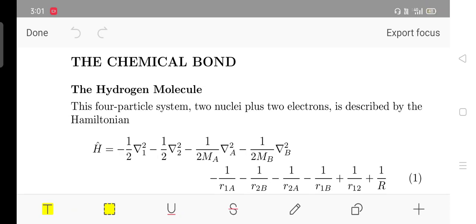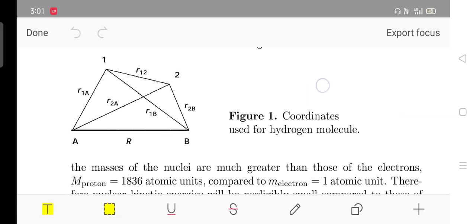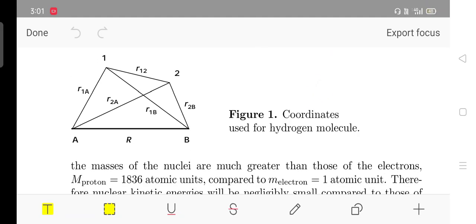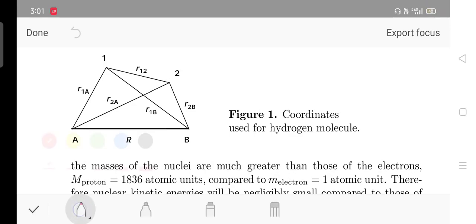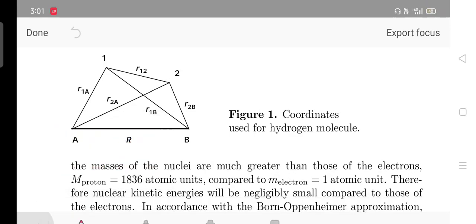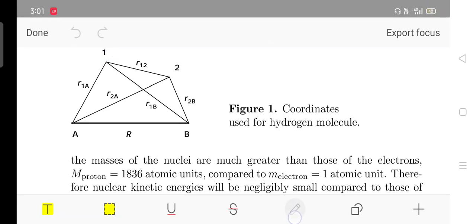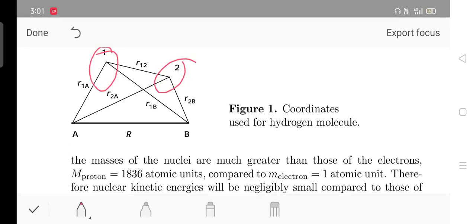These are described by the Hamiltonian. First of all, nucleus A and B are repulsive in nature, which means both nuclei repel each other. The first electron and second electron are also repulsive in nature, which means both electrons repel each other.